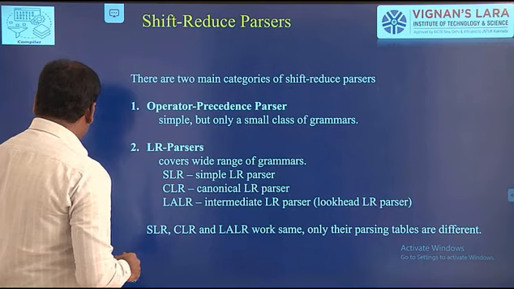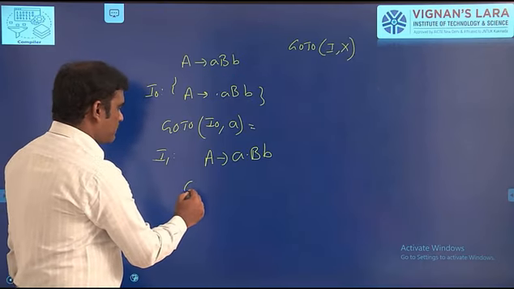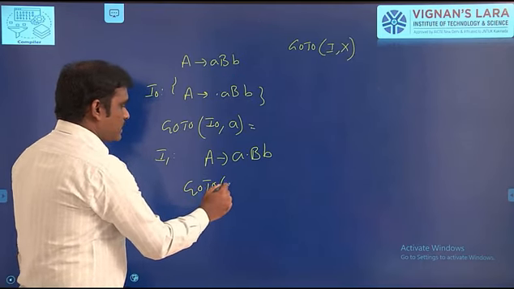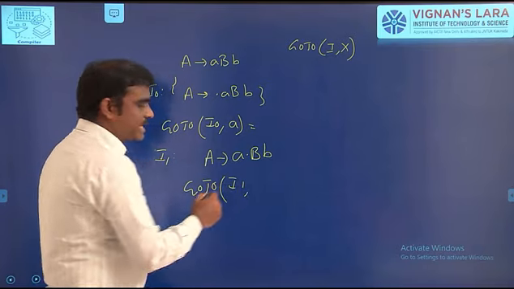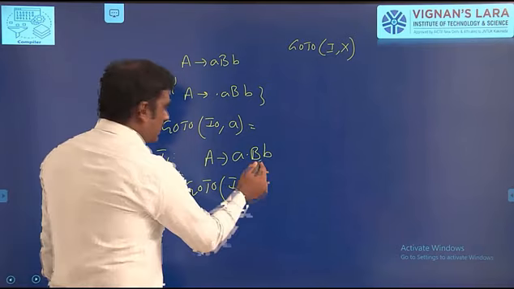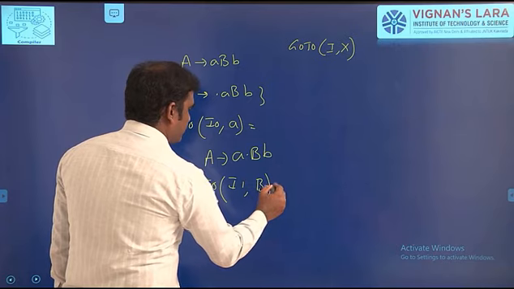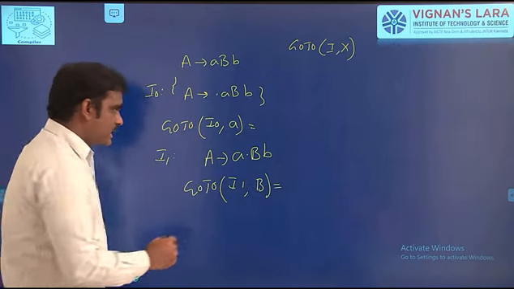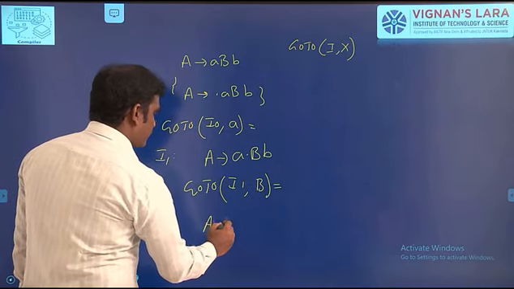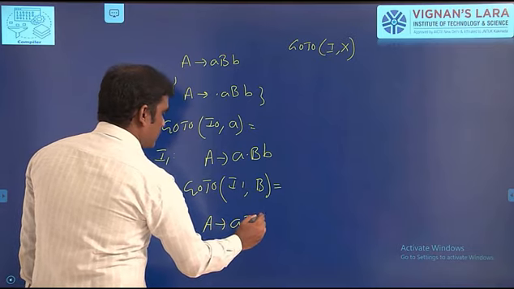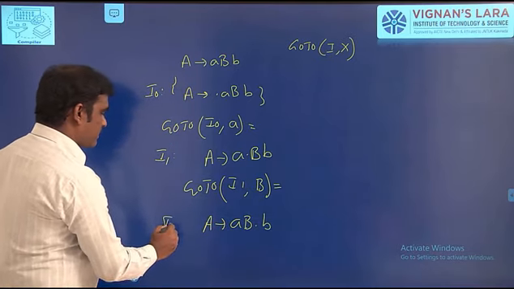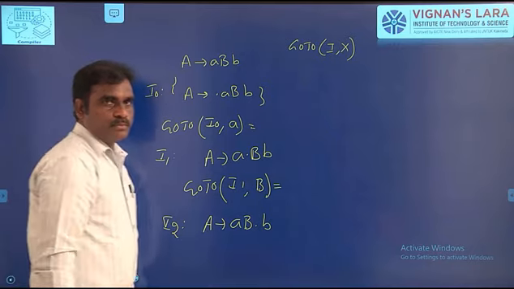And the next one, goto of item I1, and the grammar symbol following the dot is B. After performing this, the result is A → AB·B. Again, this is a new set of items, I2.